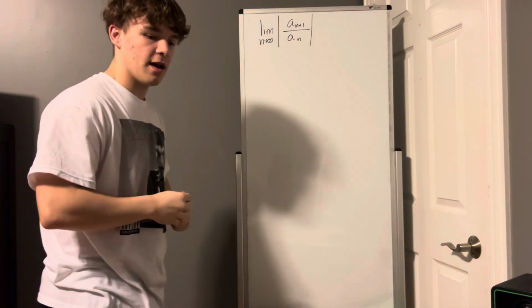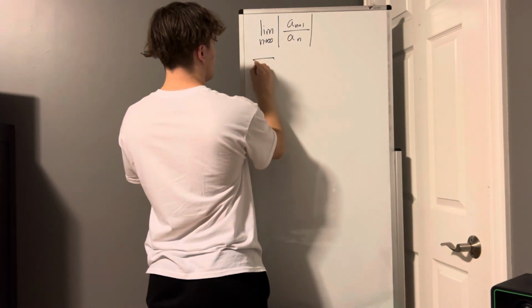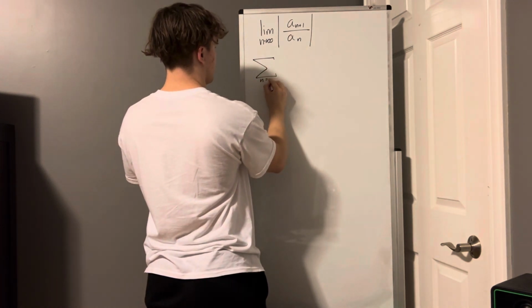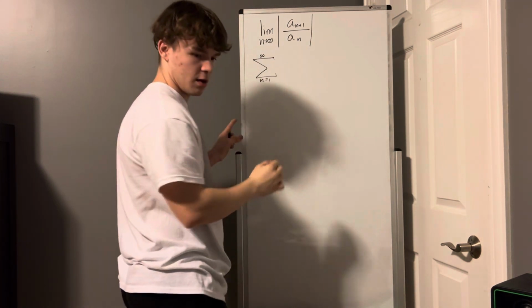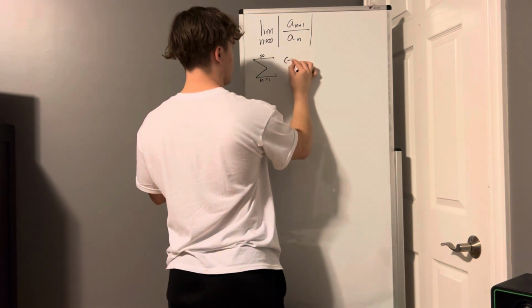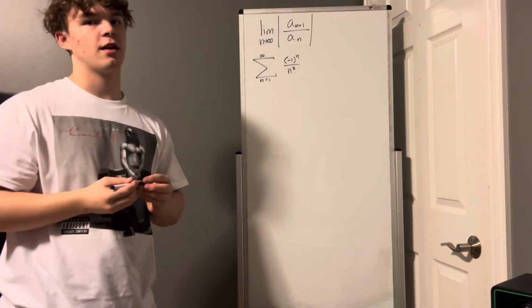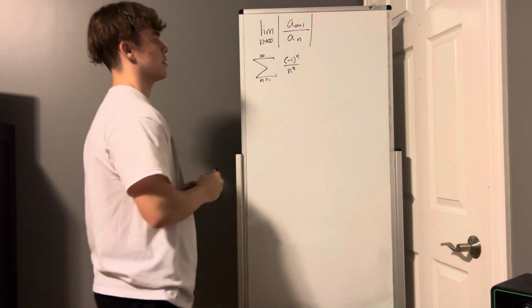So let's look at an example. We have the sum from n equals 1 to infinity of negative 1 to the n over n squared. Remember, this negative 1 to the n is going to alternate this.